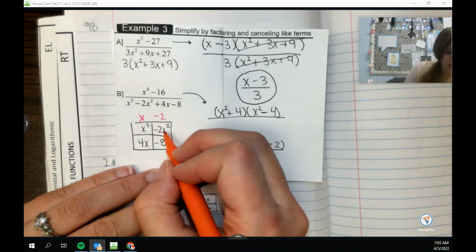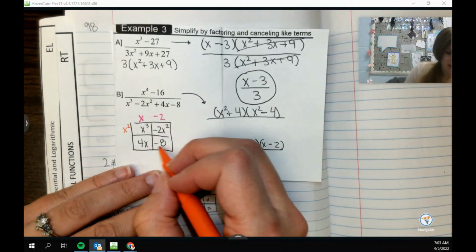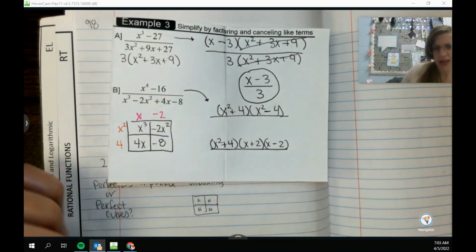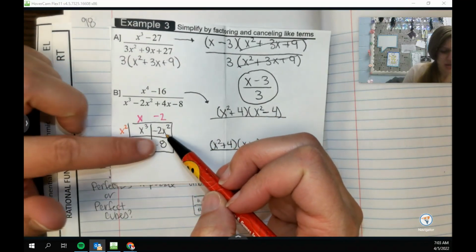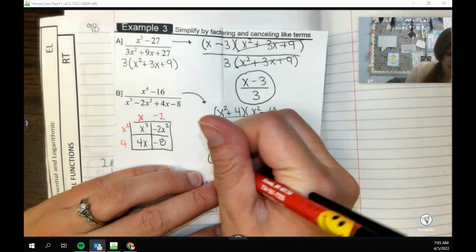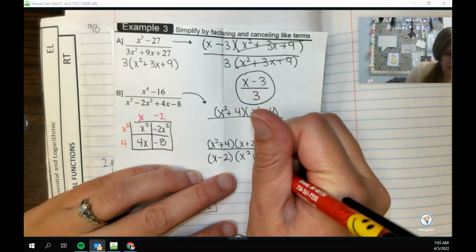Looking at the rows, this top row has an x squared in common. And then the bottom row has a 4 in common. And I just want to make sure when I multiply that everything works out. So like x times x squared is x to the 3rd, -2x squared, 4x, and -8. So that factored to x minus 2, and then x squared plus 4.